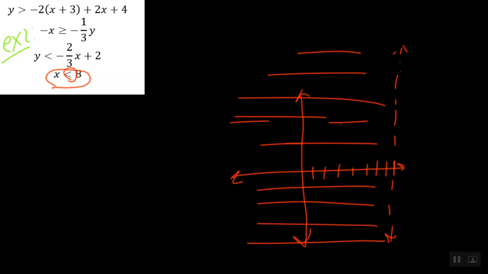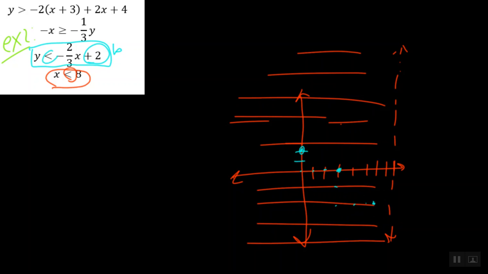Let's try this line right here. Notice I'm doing the easy ones first. Here in this blue, we have y is less than -2/3 x plus 2. I'll start with my b term, that positive 2, and put our very first point up there. The -2/3 will drop us down 2 and to the right 3, down 2 and to the right 3.